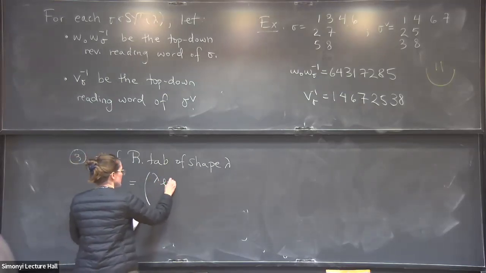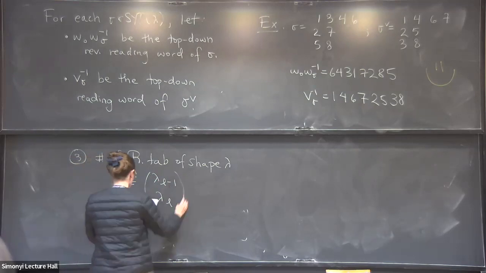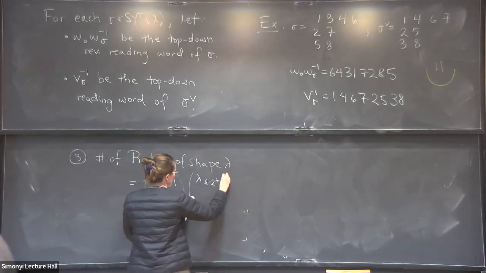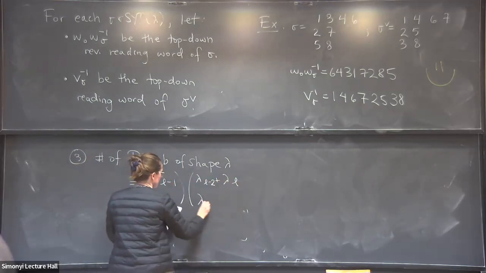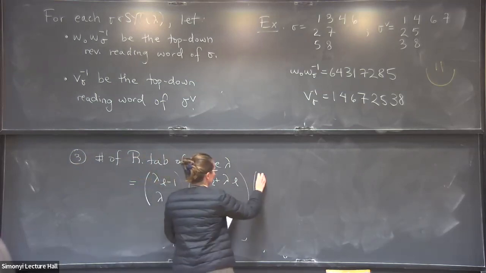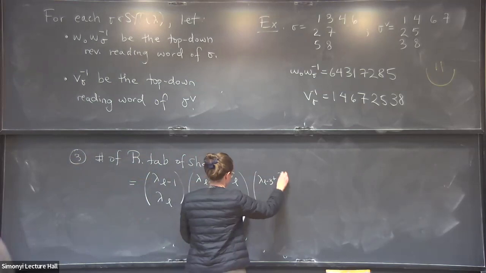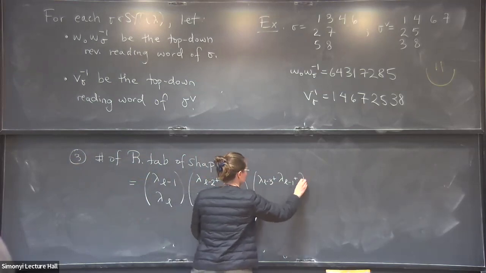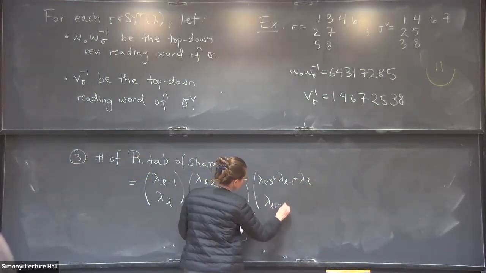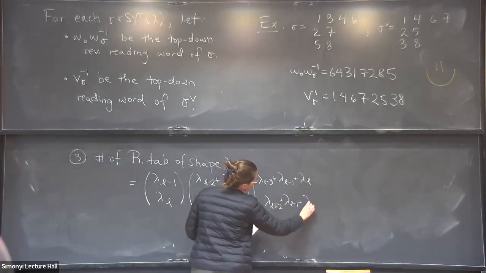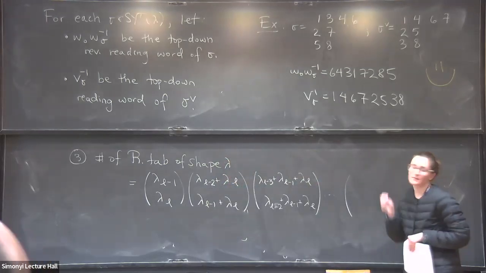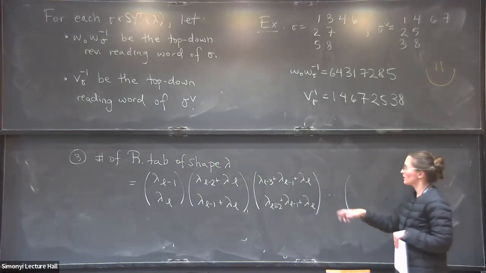Lambda L minus 1 choose lambda L. Lambda L minus 2 plus lambda L choose lambda L minus 1 plus lambda L. Then we do lambda L minus 3 choose L minus 2 plus lambda L minus 1 plus lambda L. It's sorted in increasing order. Yes, lambda 1 is greater or equal to lambda 2, etc.